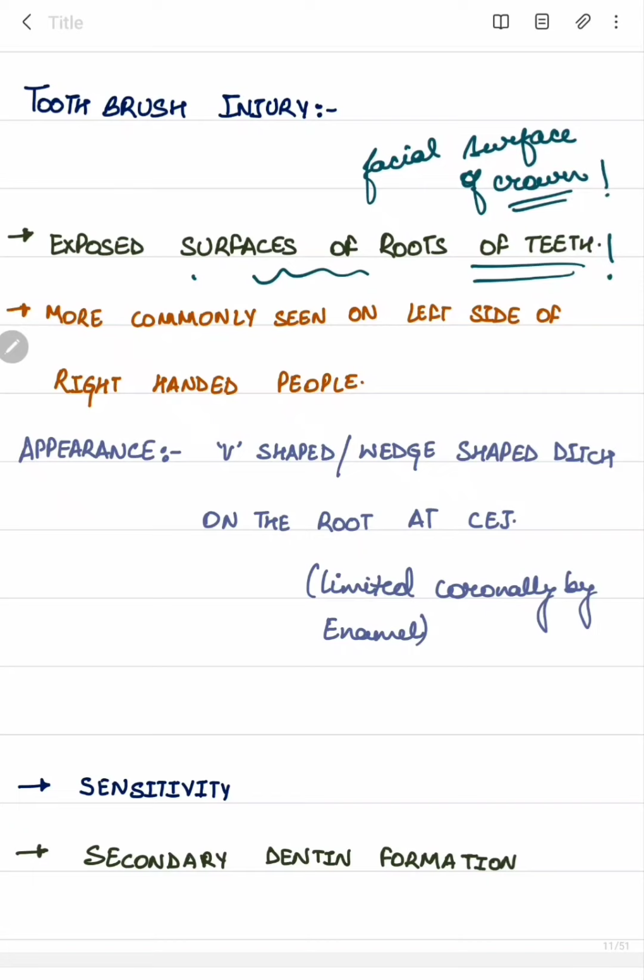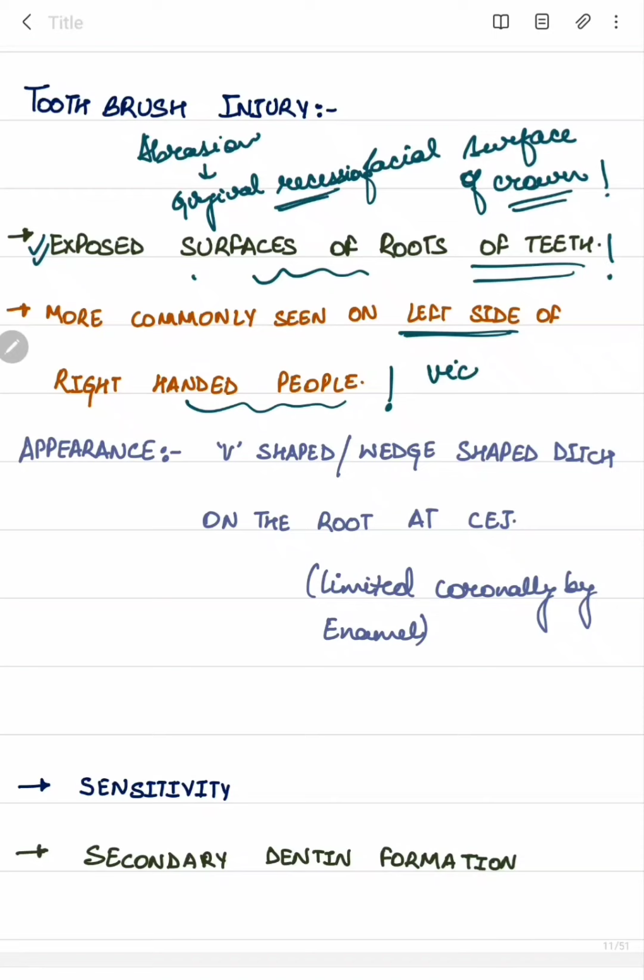Abrasion is basically associated with gingival recession, right? So due to gingival recession, what happens? The root area or root surface of the tooth is exposed and it will lead to abrasion of that surface also. So it is more commonly seen on the left side of right-handed people and vice versa.